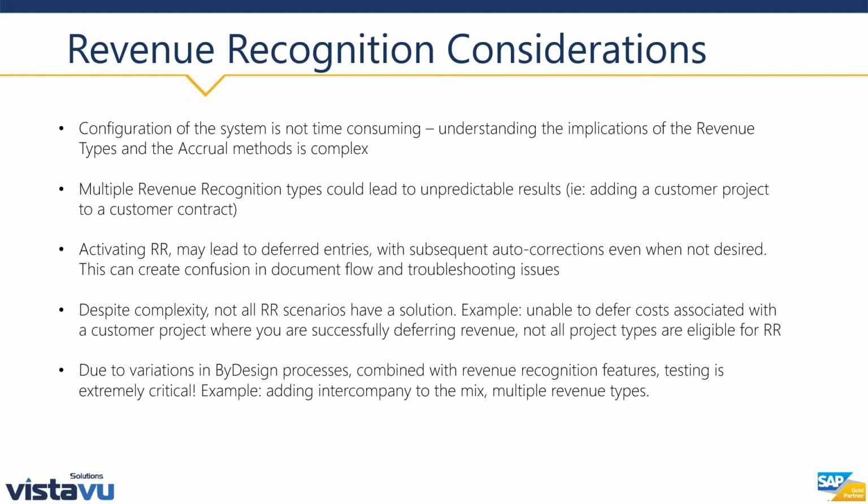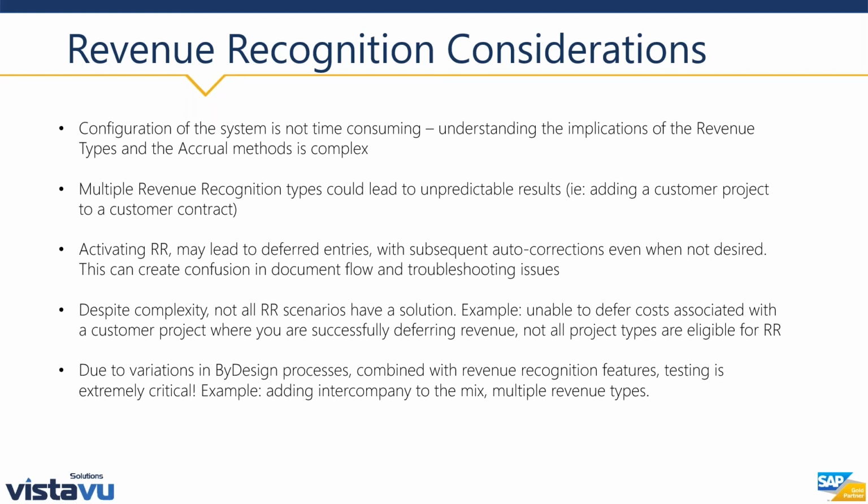Also, multiple revenue recognition types could lead to unpredictable results. For example, if you want customer projects associated to your customer contracts, now you have a challenge because revenue recognition will behave differently on projects than it will on customer contracts.